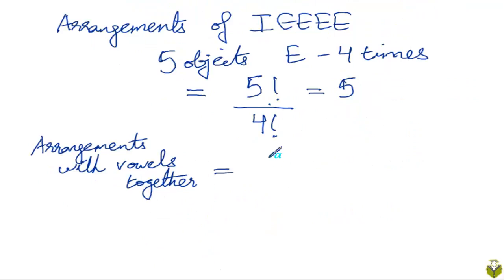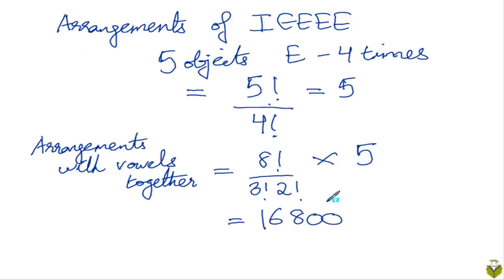So this was the product of these two numbers, and using fundamental principles of counting, we had to take the product of these two numbers. And the answer to this is 16800.